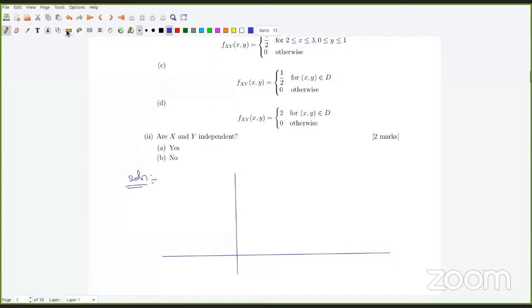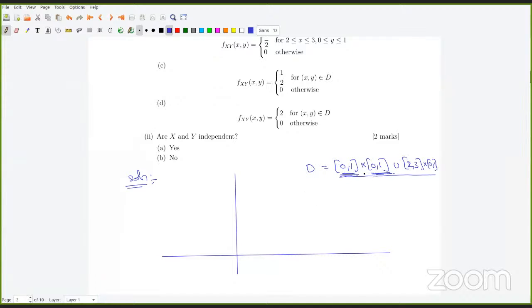Okay. So we are given the region D as (0,1) cross (0,1) union (2,3) cross (0,1). I hope you know how to read this. 0,1 is the interval of x here, and 0,1 is the interval of y here.